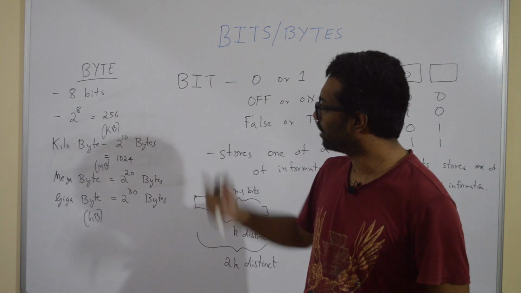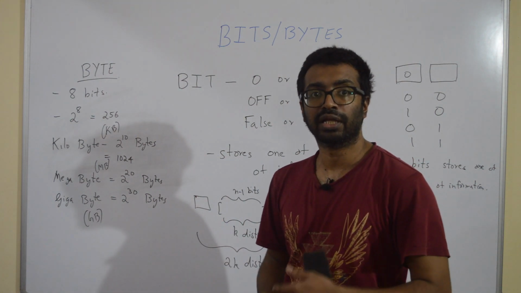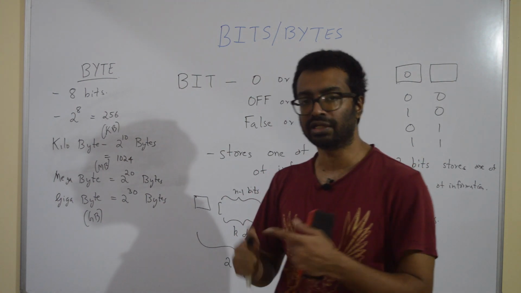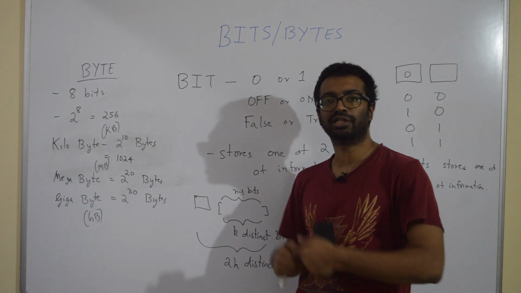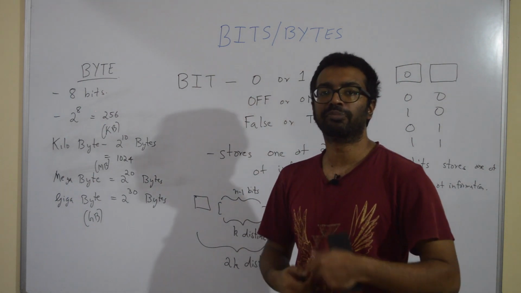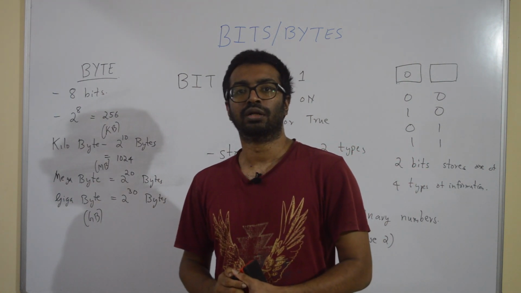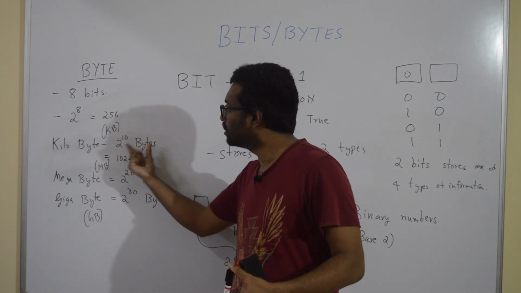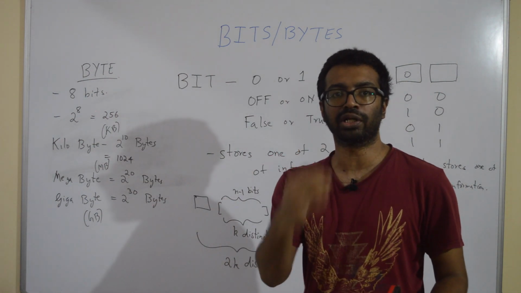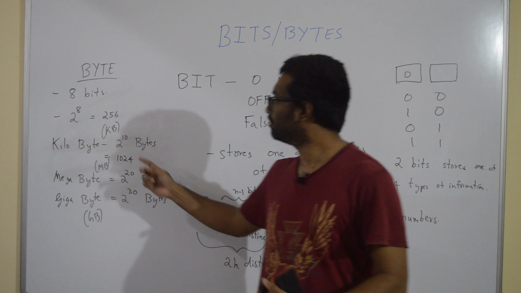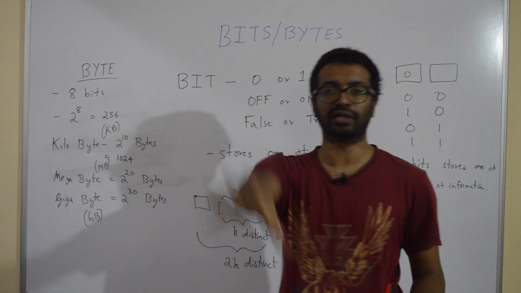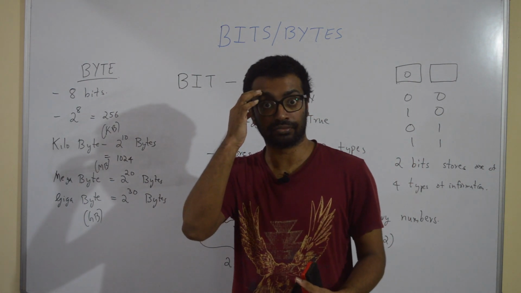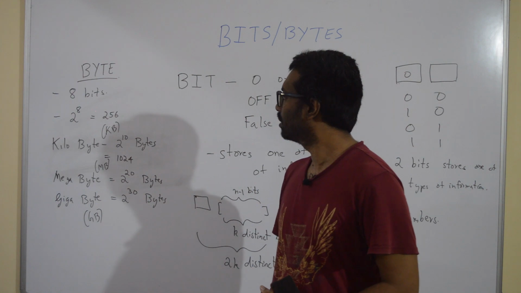Now sometimes your internet speed is represented using kilobytes per second, megabytes per second, etc. That is basically how much information is transferred per second. So if your internet speed is, let's say, 1 kilobyte per second, that means 1024 bytes are transferred in 1 second by your internet connection, right.